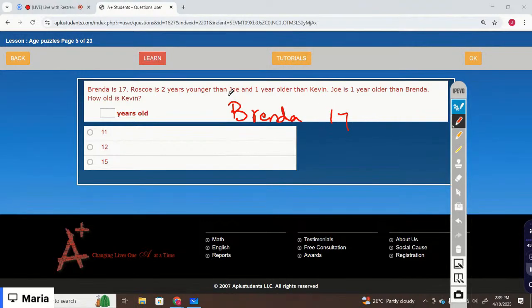Joe is 1 year older than Brenda, so Joe is 18. Now, Roscoe is 2 years younger than Joe, so Roscoe is 16 and 1 year older than Kevin, so that means Kevin is 15. So the correct option is 15. Option number three is the correct option.